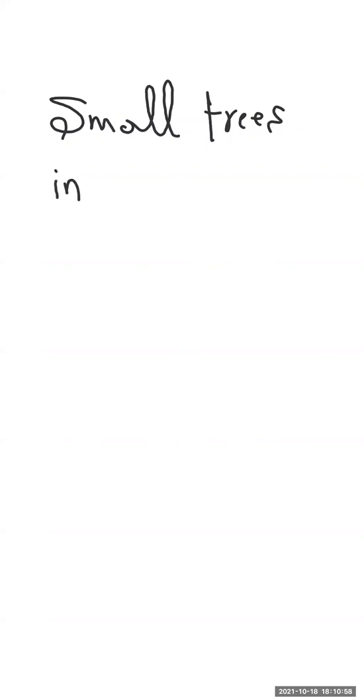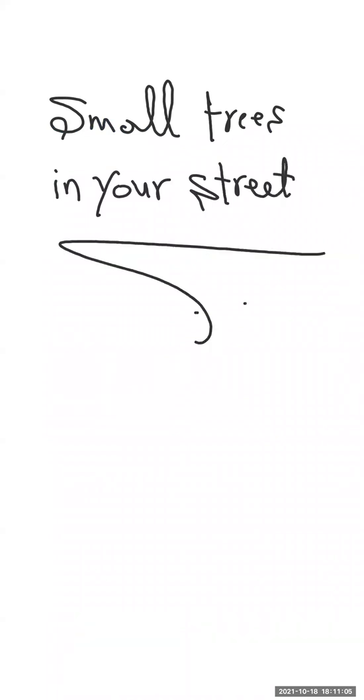If it's like this one, the small trees in your street, it's not a set. Actually, guys, in your street you don't know how many small trees there are. Also, we don't know how to judge which one is small or which one is tall.